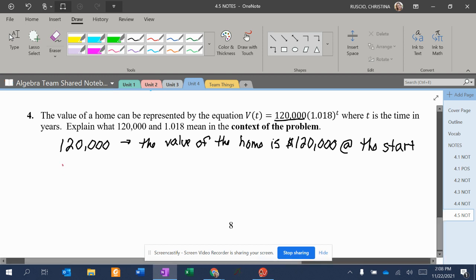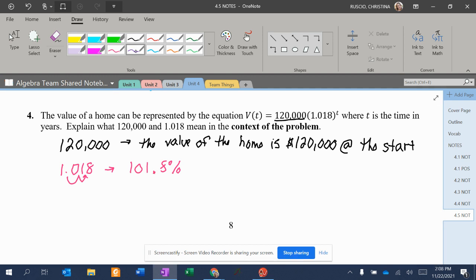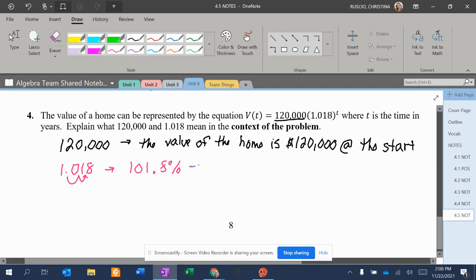Okay, now let's talk about the 1.018. So the 1.018, compare it to 100. I hope that that's embedded in your brains at this point. 101.8%. Many of you probably already noticed that that was bigger than 1 whole, so that means we have some growth happening here. That's cool. So compare it to 100% and see what's left over. 1.8%. So let's talk about this as a rate.